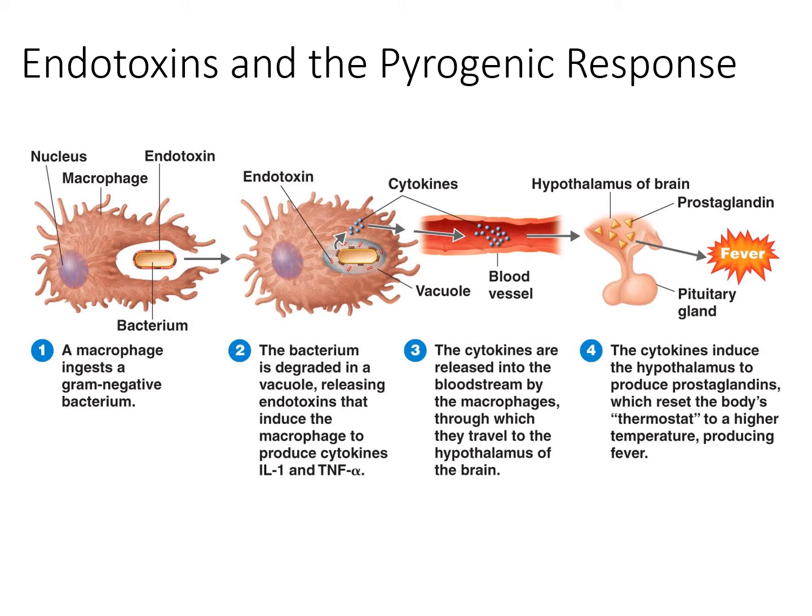So what happens is that these IL-1 and TNF-alpha trigger the hypothalamus to produce prostaglandins, another type of chemical messenger. The prostaglandins reset the body's thermostat, that's the hypothalamus, to a higher temperature, which causes fever. And remember, fever is one of the symptoms of endotoxin release inside of a host.